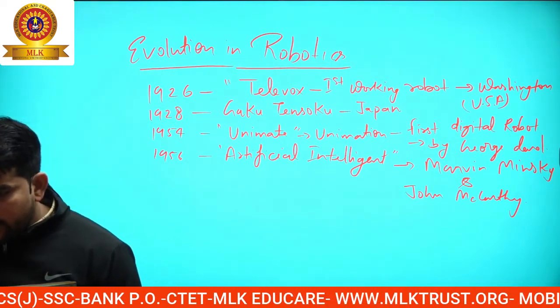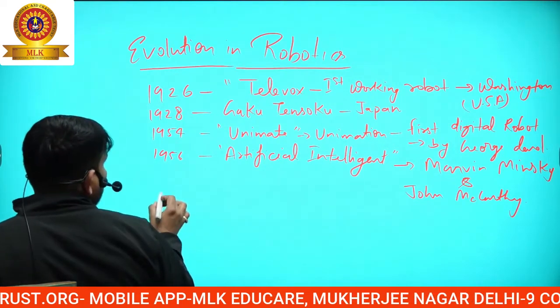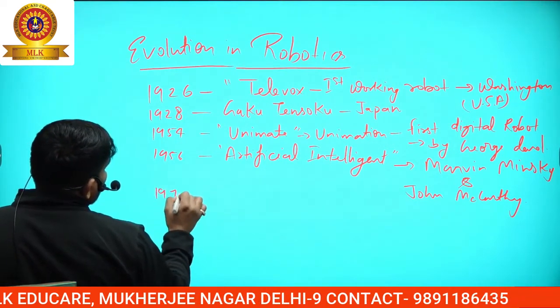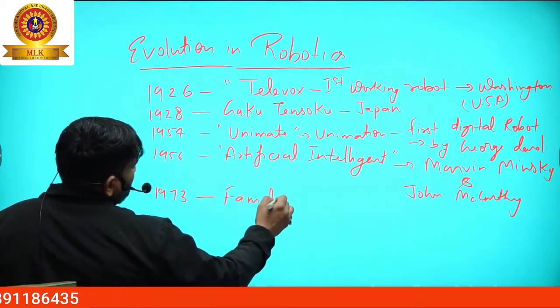The next is in the 1973. By the year of 1973, there is a robot named the Famulus.